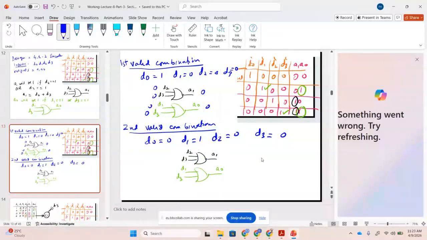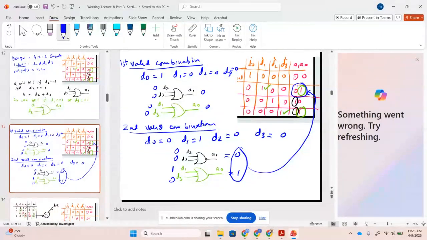D0 is 0, D1 is 1, D2 is 0, D3 is 0. And 0 plus 0 is 0, and 1 or 0 is 1. So this is the second valid combination. Got it or not got it? Any question? Clear or not clear? Am I right or not?